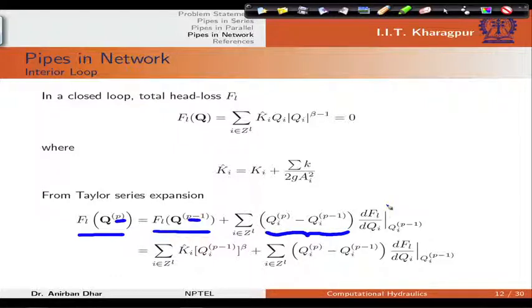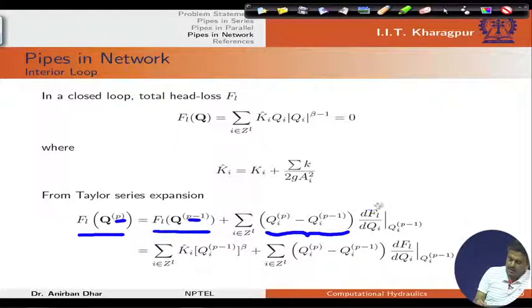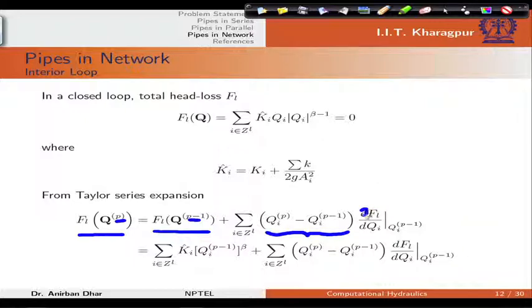So, this should be multiplied by this del, because del should be there. We are considering this as a multivariate function. So, for a multivariate function we need to use this del operator.